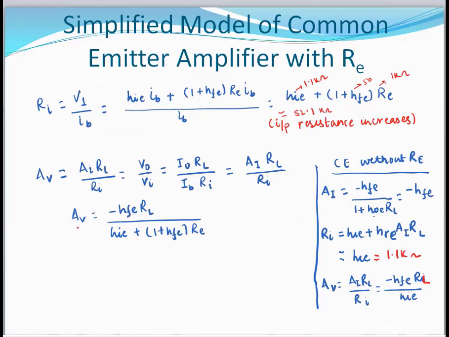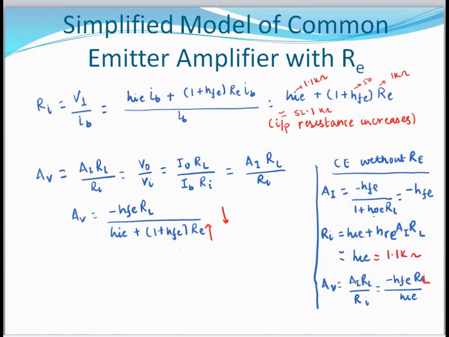The numerator part is the same and constant, so the numerator will remain unchanged, but in the denominator the input resistance increases many times, so the voltage gain will reduce. So in case of common emitter with RE, the input resistance increases and voltage gain decreases.